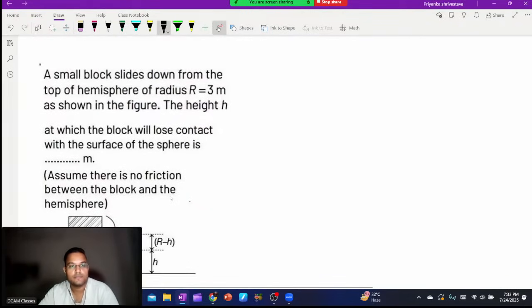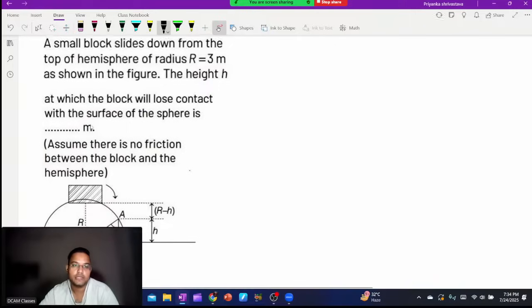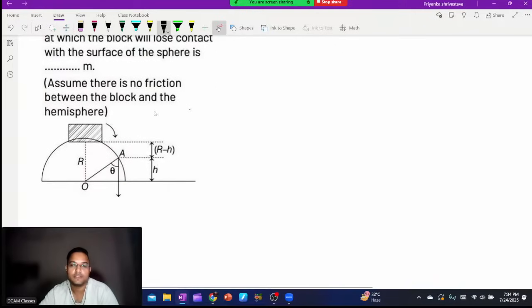It's when the body doesn't have normal reaction. A small block slides down the top of a hemisphere. Find the height at which the block will lose contact with the surface. When it loses contact, there will not be any normal reaction. That's your hint. Can you solve using that hint? Shama, Haripriya, Kanishka.